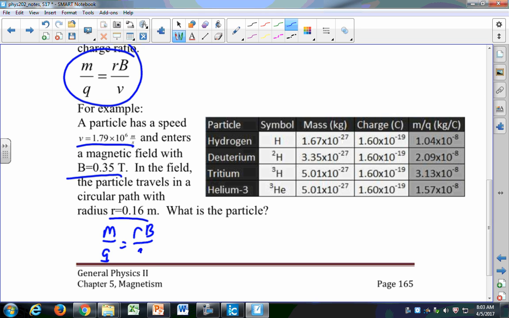That's RB over V. R is 0.16 meters. B is 0.35 Tesla. And V is 1.79 times 10 to the 6 meters per second. And then that'll give me the mass to charge ratio. That works out to be 3.13 times 10 to the minus 8.